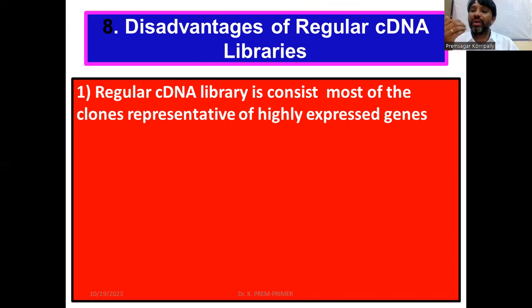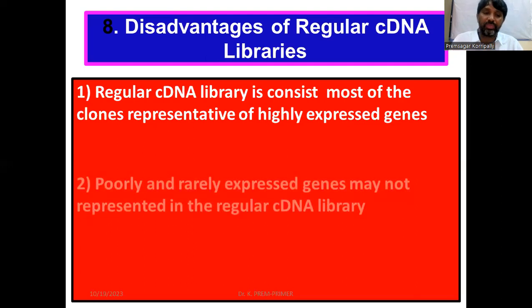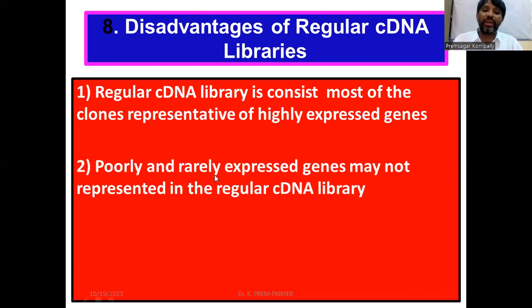When you take total RNA or mRNA, where one particular or few genes are highly expressed, their mRNAs are converted to cDNA, and they have a good number, and the clones also will have a few genes' cDNA molecules, not all the genes expressed under a particular condition. And poorly and rarely expressed genes may not be represented in the regular cDNA library.